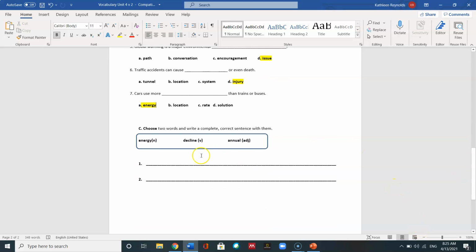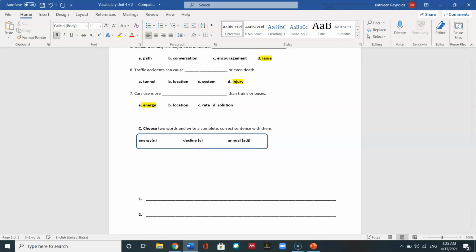So in the last part, we want to write some sentences using the vocabulary words, and I'll go ahead and do 3 just to show. So don't copy the same sentence, but you know that energy means power or things like that. So we can say, when I drink coffee, I have more energy for my daily activities.